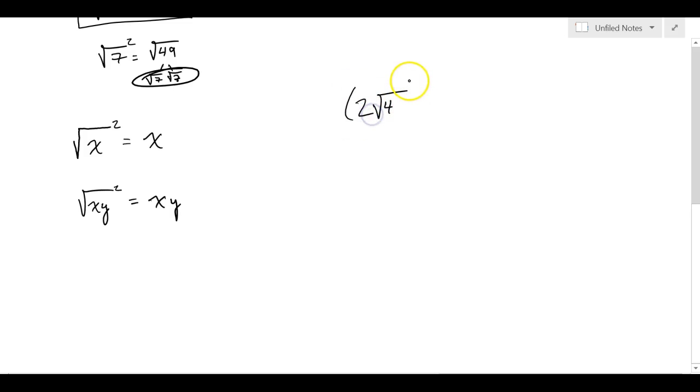The last thing I want to show you is if we have something like 2 radical 3 squared. Well, this gets a little more interesting.